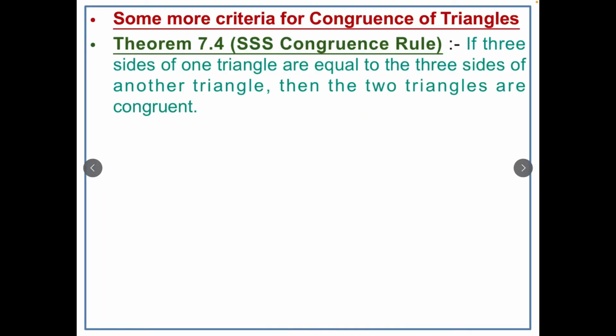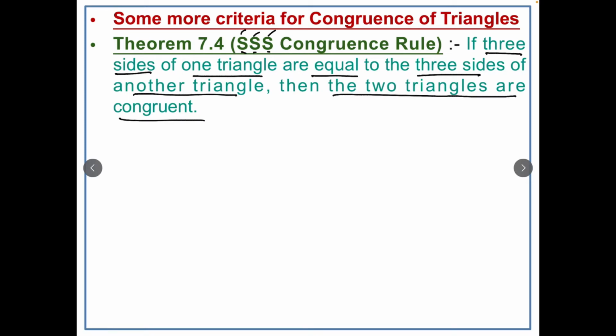The topic that we are going to study is some more criteria for congruence of triangles, in which the first is Theorem 7.4, which gives the SSS congruence rule. SSS means side, side, side congruence rule, which says if three sides of one triangle are equal to the three sides of another triangle, then the two triangles are congruent.